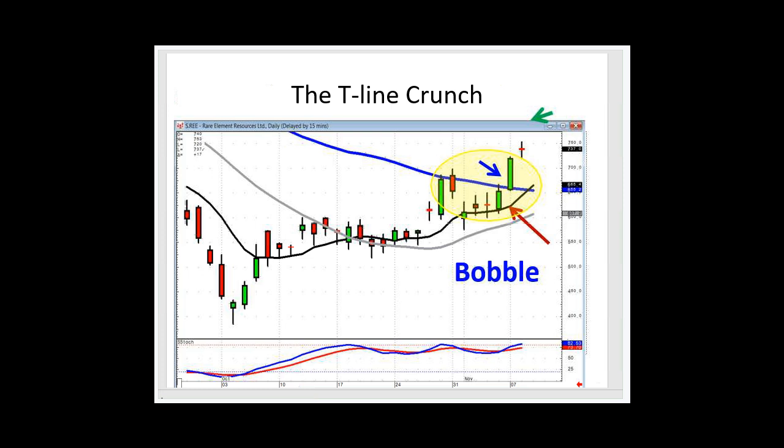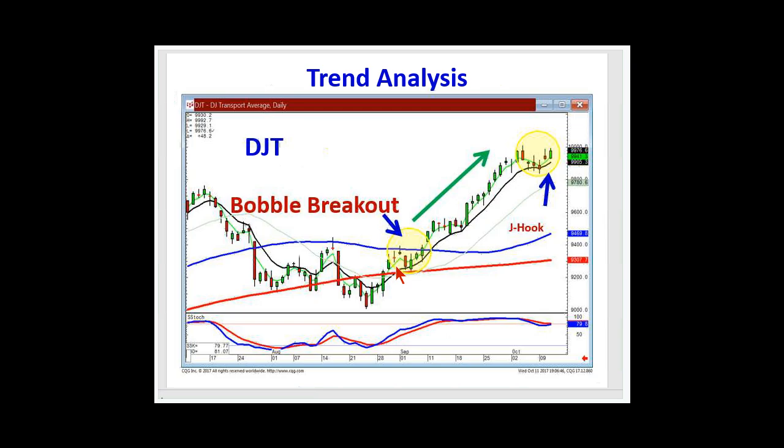We're waiting to see if it comes up through this level, giving us our J-hook pattern or our Bobble pattern. That Bobble breakout is very compelling because the 50 acts like a natural support and resistance level. When it goes through, we know we've got a J-hook pattern; if you took out the 50, you'd have a J-hook pattern.